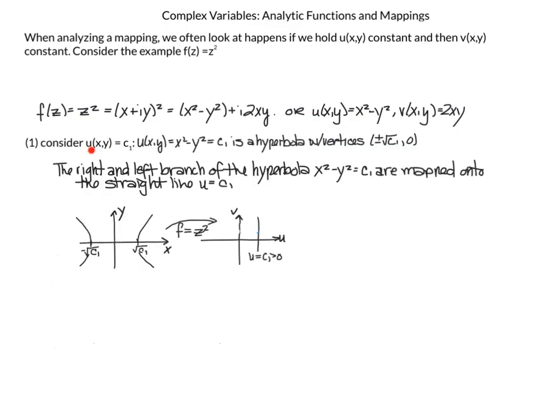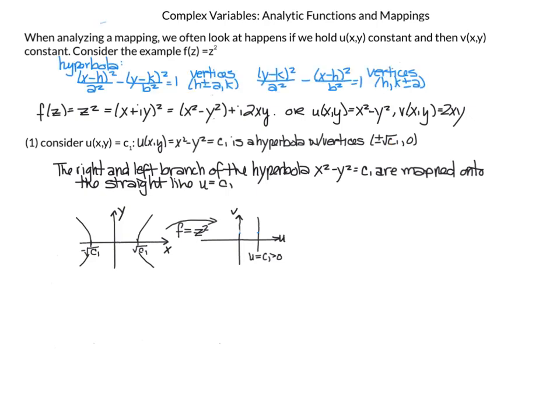First we'll look at what happens if we hold u of xy constant, let's say equal to c1. In the uv plane, we're looking at holding u equal to c1, greater than 0. Then u of xy, which is x squared minus y squared equals c1, is a hyperbola with vertices at plus or minus square root of c1, 0. For your reference, I have the equations for hyperbolas here.